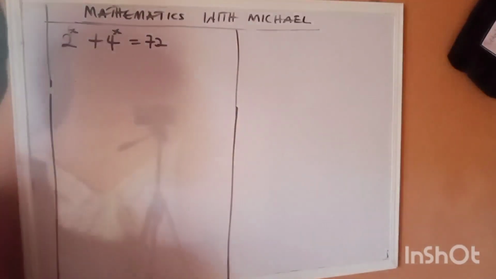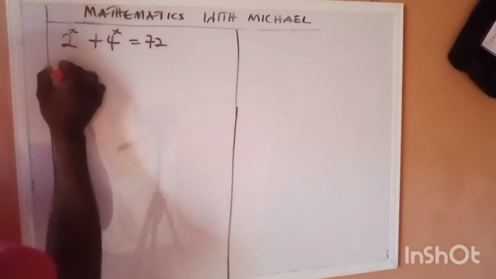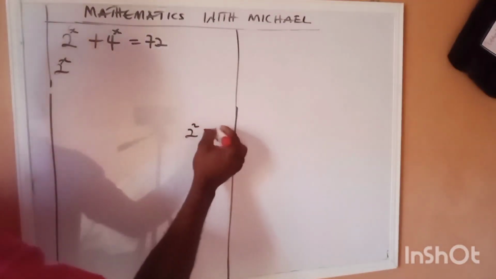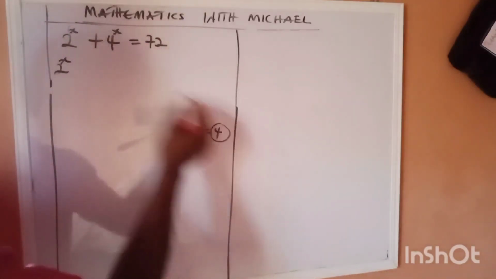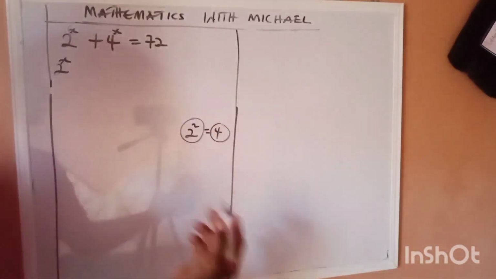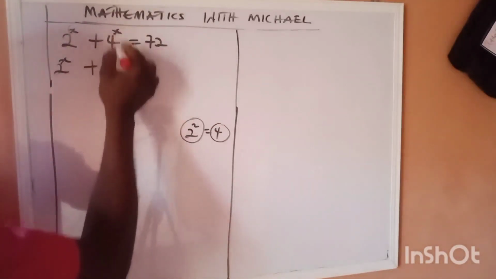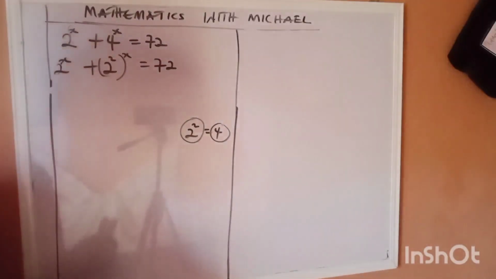Let's journey together. Now, first thing we need to do here is to express this 4. 2 raised to power 2 will give us 4. That's 2 times 2 will give us 4. So instead of writing this 4, I can write 2 raised to power 2. So I have 2 raised to power 2. Don't forget the x is still there, equals to 72.